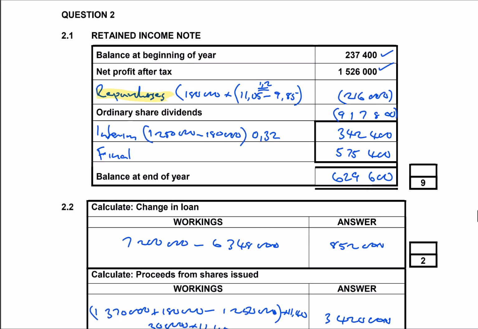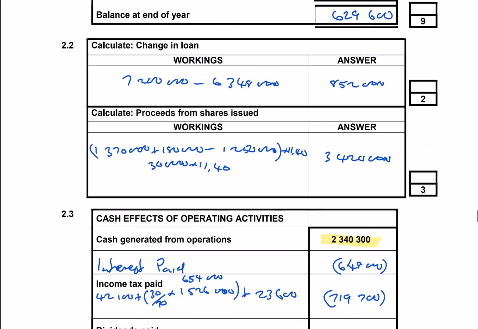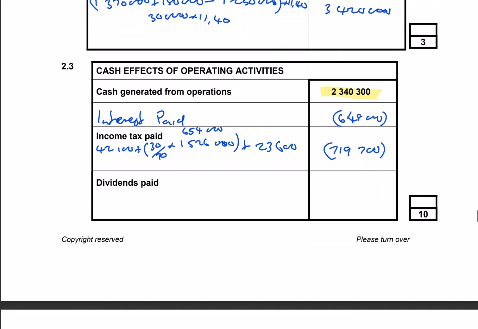The interim calculated to be 342,400. So we only need the interim and the opening balance. So the opening balance is 475,000 plus interim 342,400. So that will give us our dividend.